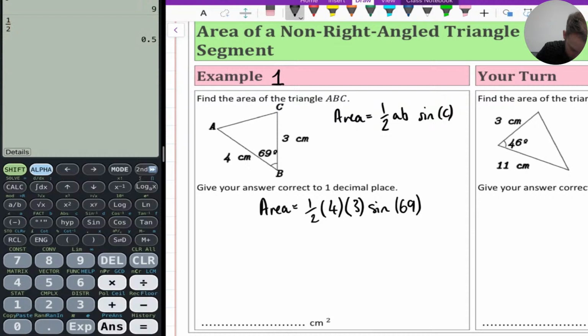A half times by 4 times by 3 sine of 69 is equal to the area, which is equal to 5.6 centimeters squared to 1 decimal place. Nice and straightforward, that is.